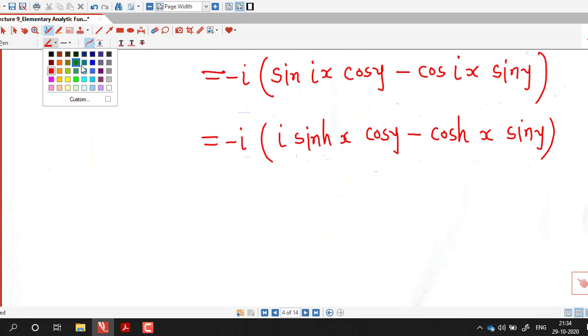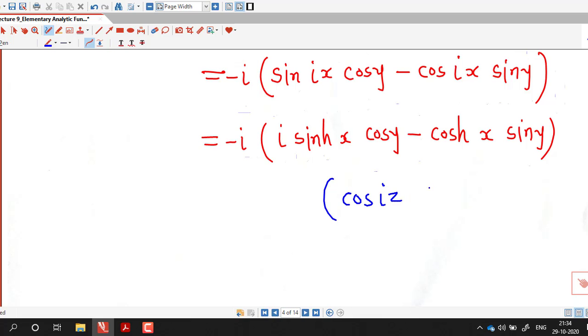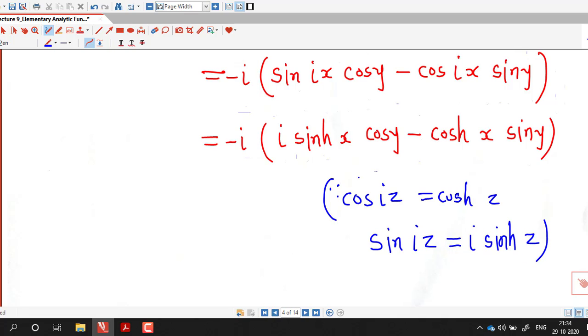Okay, we have used this property: cos iz is cos hyperbolic z, and sin iz is i times sin hyperbolic z. So sin ix is written as i sin hyperbolic x, and cos ix is written as cos hyperbolic x, using this property.